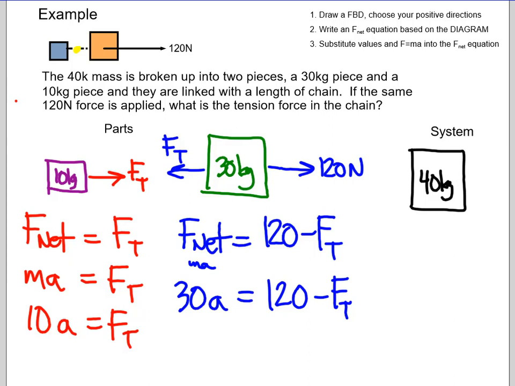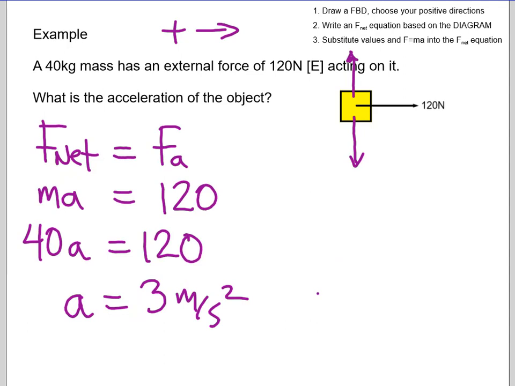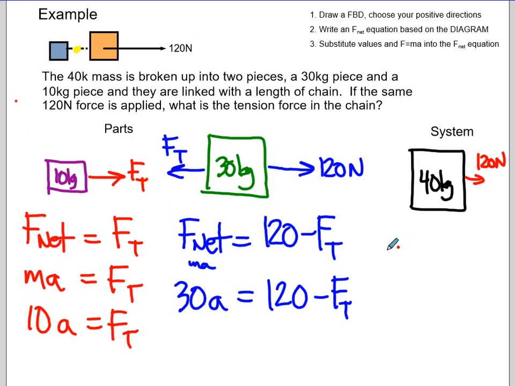And we can say there's a 120 newton force acting on that, and what you should recognize is, hey, that's the exact same question we did back here. So when we view the problem that way, we now know the acceleration of that system is 3 meters per second squared.